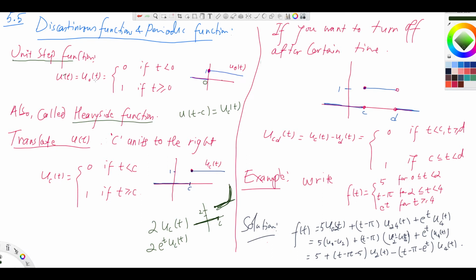These functions u0(t): you turn on the force at 0 and leave it at 1 all the time after 0. Here with u_c(t), you turn on the force at c and then leave it at a constant value, 1 or 2 or whatever you want. So you will leave it forever.